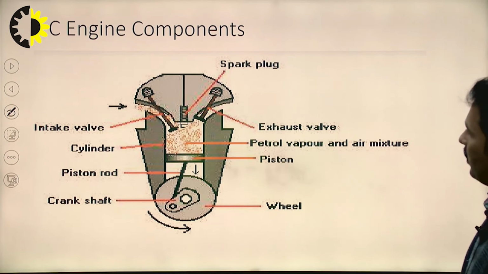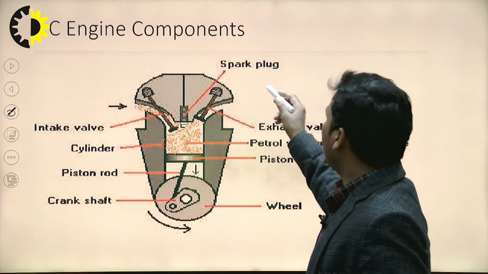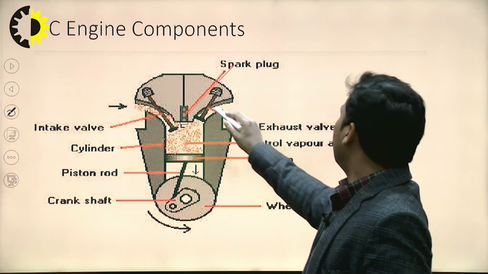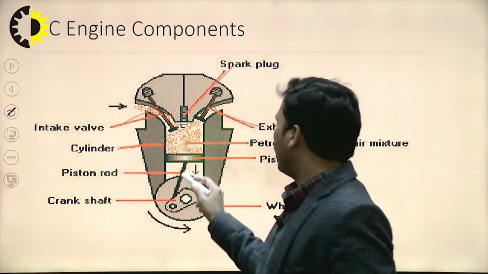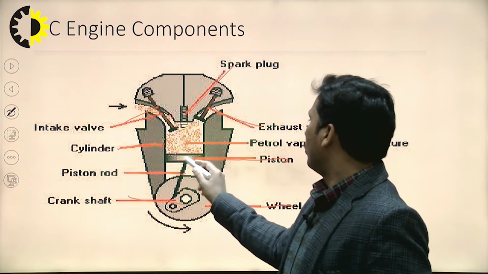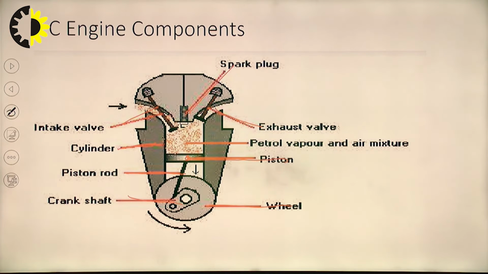You can see from this diagram, the basic schematic diagram of the internal combustion engine: spark plug, exhaust valve, inlet valve, cylinder, piston rod, crankshaft, wheel and piston. This is the piston. This is the basic nomenclature of the internal combustion engine.